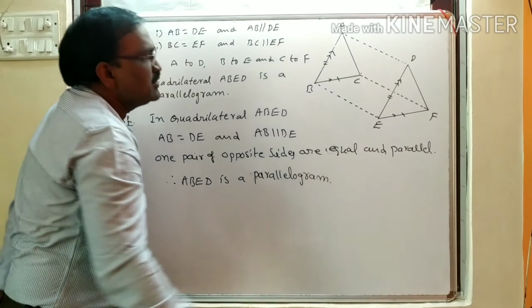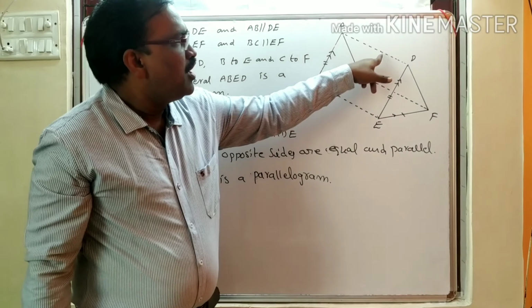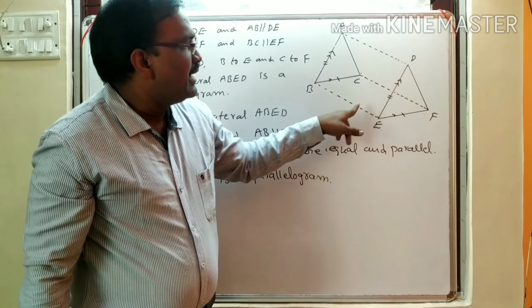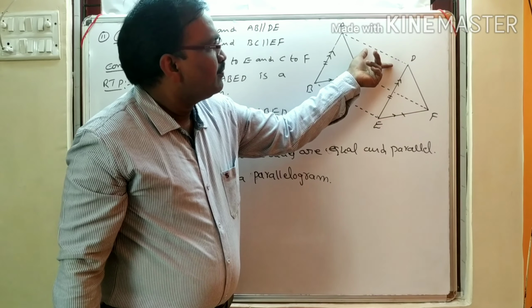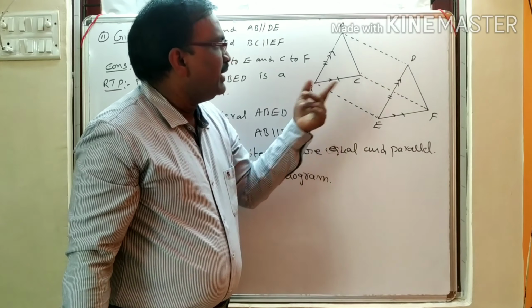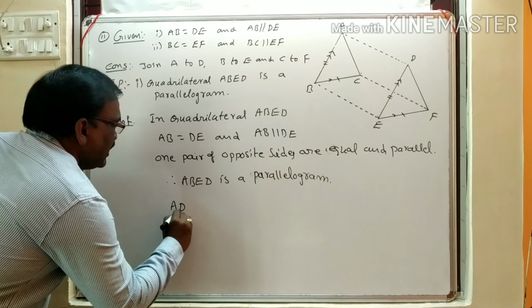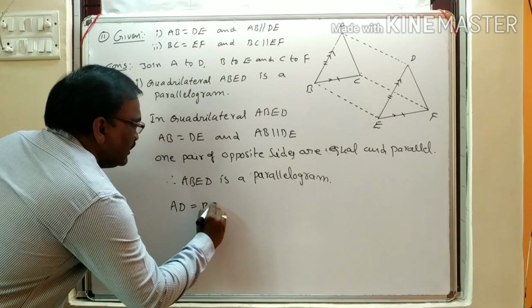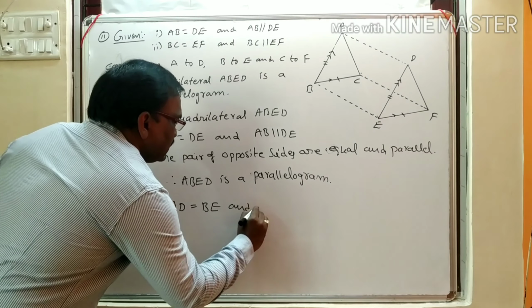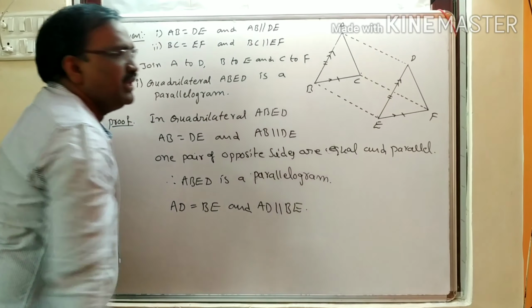So ABED is a parallelogram. In a parallelogram, opposite sides are parallel and equal. Therefore, AD is parallel to BE and AD is equal to BE. So AD is equal to BE and AD parallel to BE.